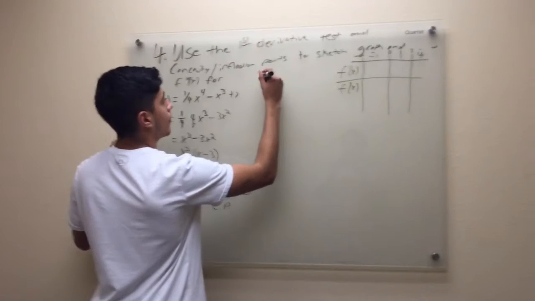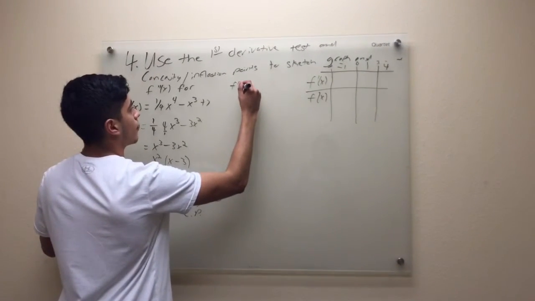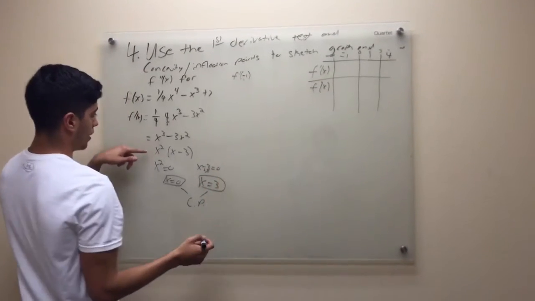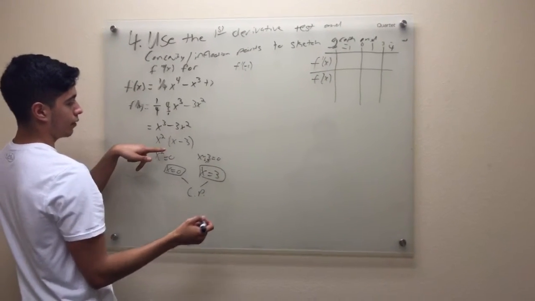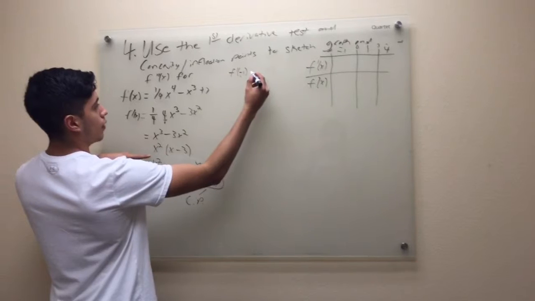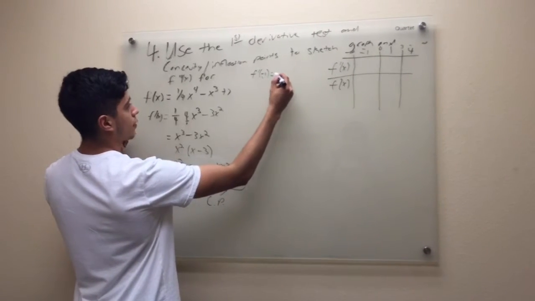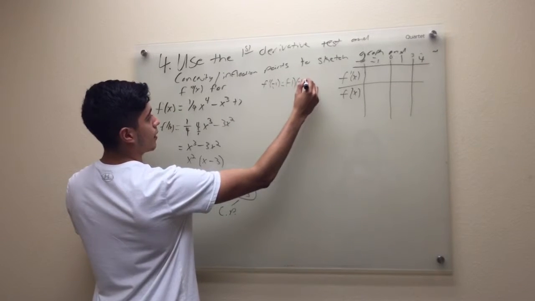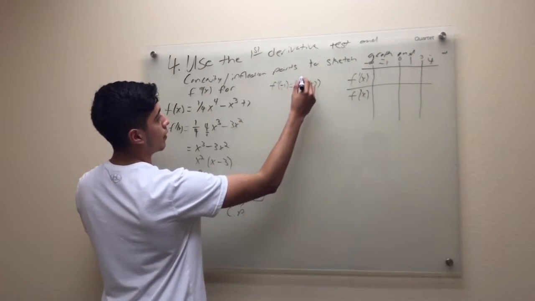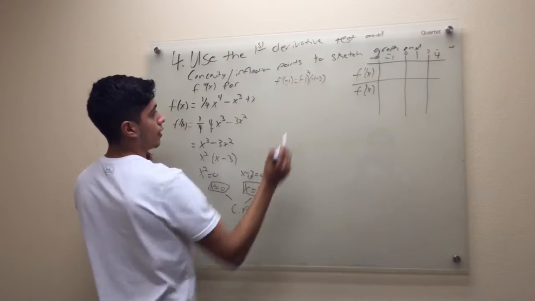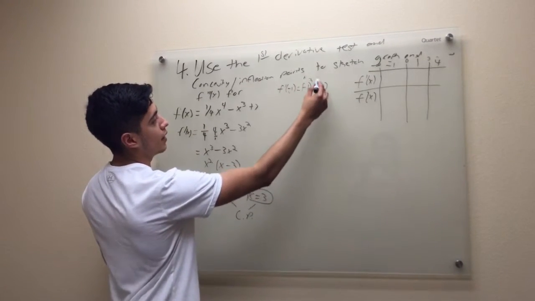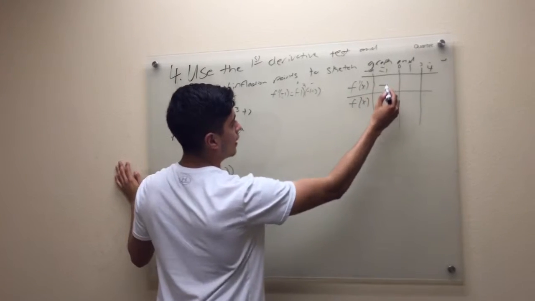So we're going to use the factored form. It's going to be -1 squared times -1 minus 3. -1 squared is positive times a negative, so it's going to equal negative.